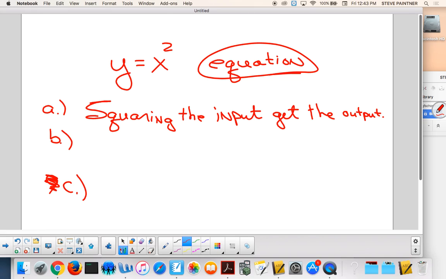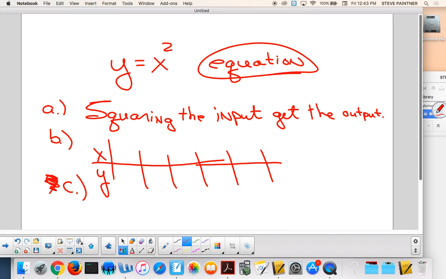Got it. Okay, numerically, that just means make a table. Let's do that. It says up here y equals x squared if x is an integer between 1 to 10.